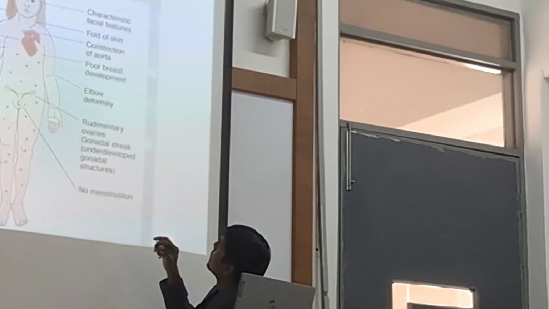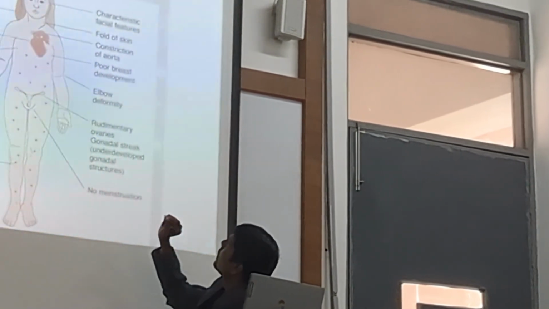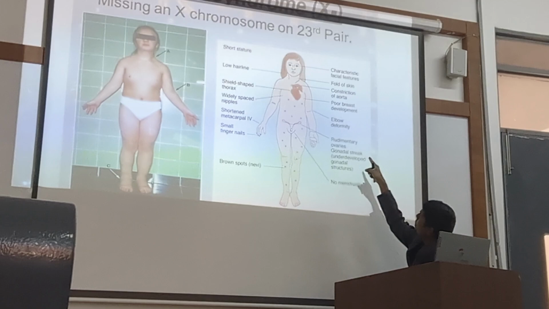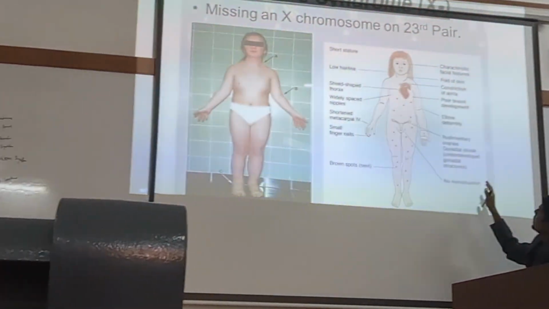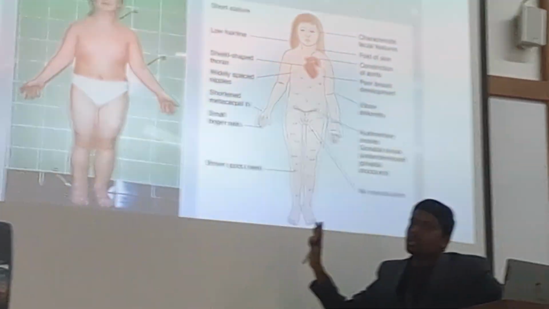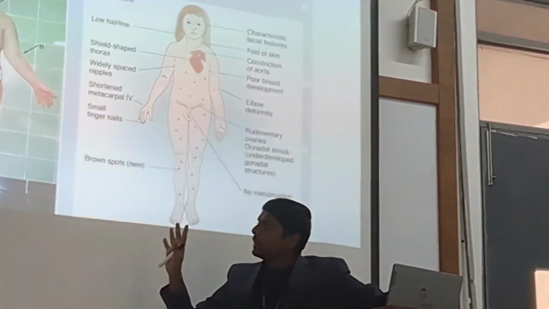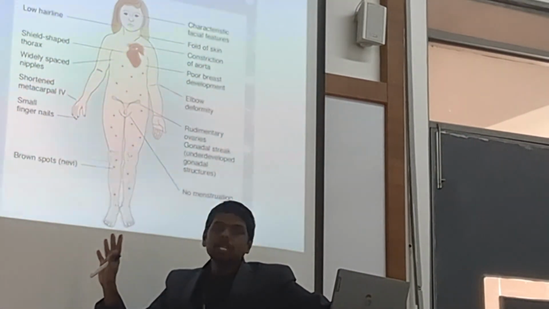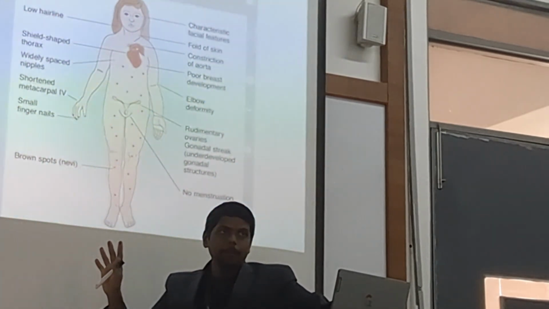Okay, so folded skin, constricted aorta, poor breast development, elbow deformities, and rudimentary ovaries. Obviously, keep in mind, almost all chromosomal abnormalities usually result in sterility, they are infantile.